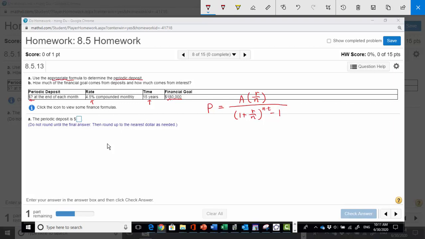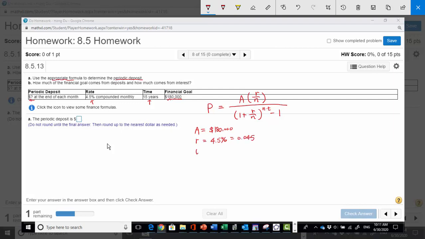In the formula, A is the financial goal or the value of the annuity, and it's given as $180,000. The interest rate R is given as 4.5%, so convert that to a decimal, that is 0.045.